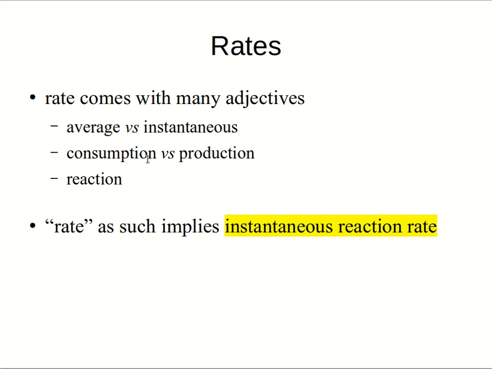So once you know one, you can compute all the other ones. Usually you measure one in an experiment, the consumption rate of one of your chemicals or the production rate of one of your chemicals, and then you can compute all the other ones you actually want to know.